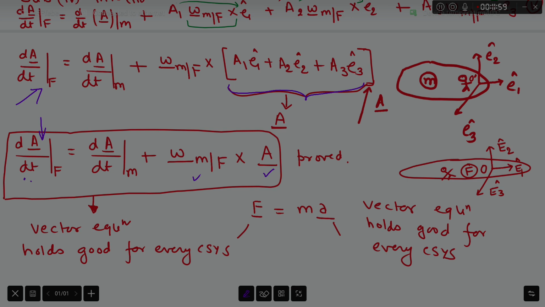We will use it very soon to solve problems and also to make further useful derivations. Mind you, this boxed equation is a vector equation. To derive this, I used a frame fixed Cartesian coordinate system.